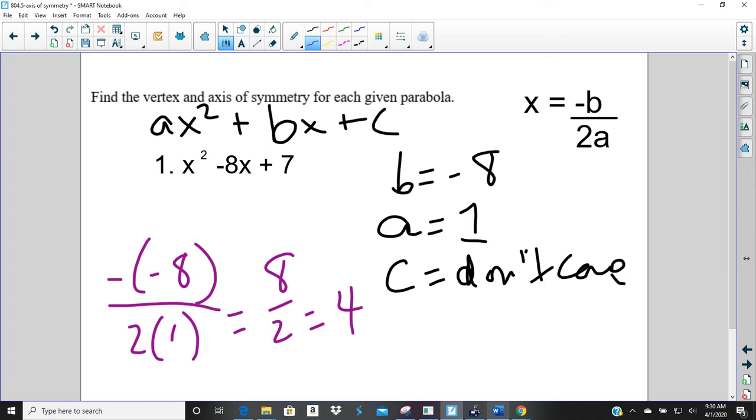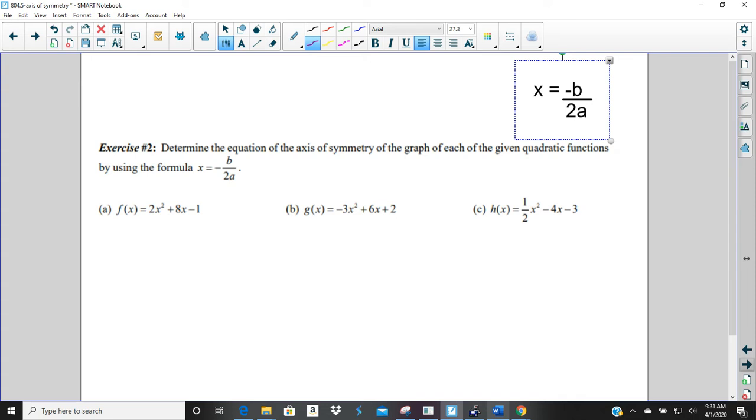This also has an axis of symmetry of 4. So the equation for the axis of symmetry is x equals 4, and you always write it as an equation, x equals 4. I'm going to move on, and I'll go back to the vertex later. I have a few questions here.